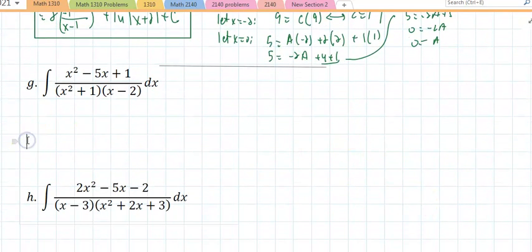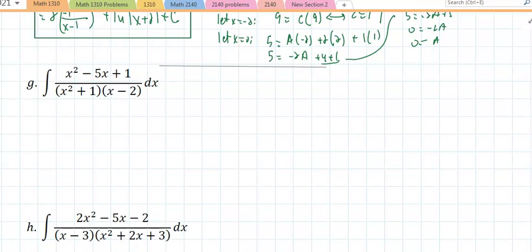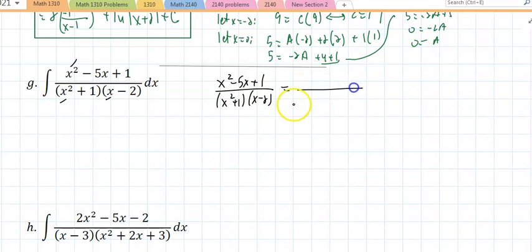And here you'll notice this problem is a proper fraction. That's x squared over x cubed. So (x squared minus 5x plus 1) over (x squared plus 1) into (x minus 2). X minus 2, linear.